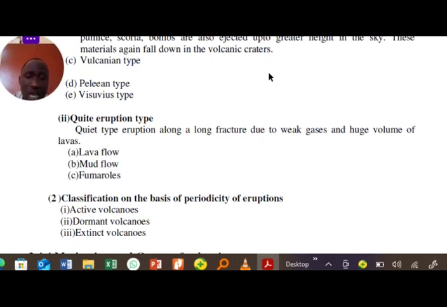For instance, if you look at lava flow, mud flow, or all these types of magma or lava, they tend to flow with weak gases, or they move at a slow pace.